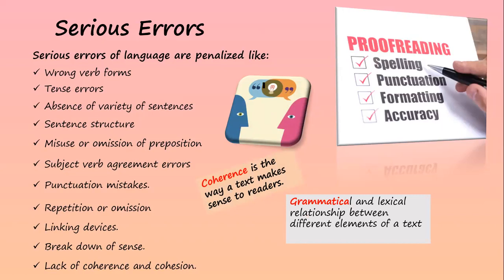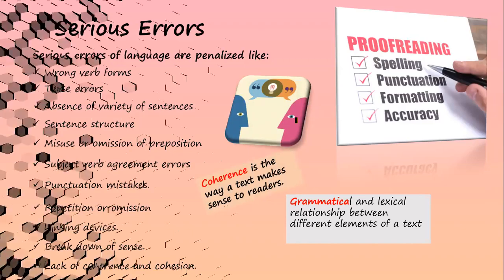So it is actually a conveyance of your information to your reader, that has to be logically done. Okay. So if these serious errors are in your summary writing, or in your writing, please try avoiding them. Try overcoming all these things.